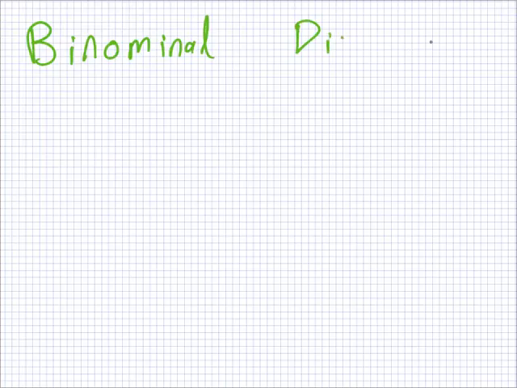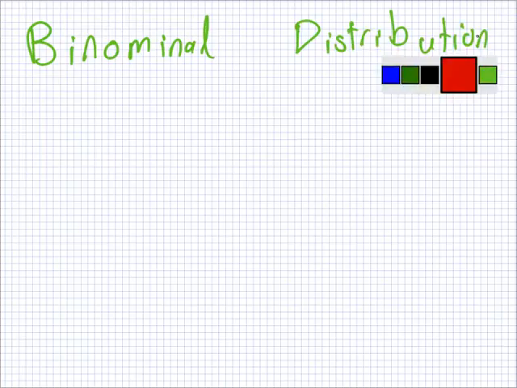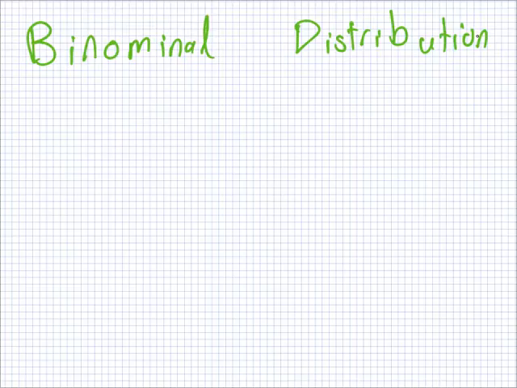Okay, so last time we were looking at binomial distribution. Now, the only thing about last time's lesson is that I said the n was small.